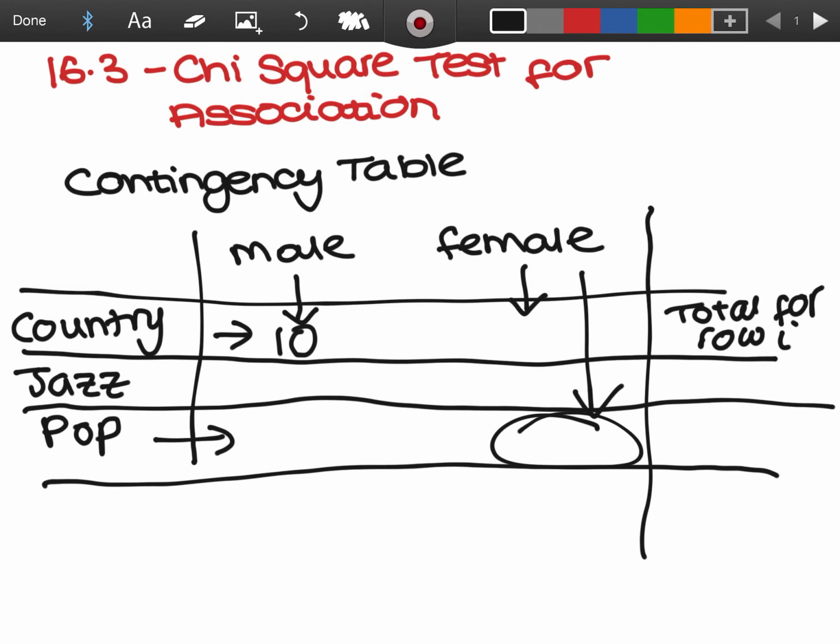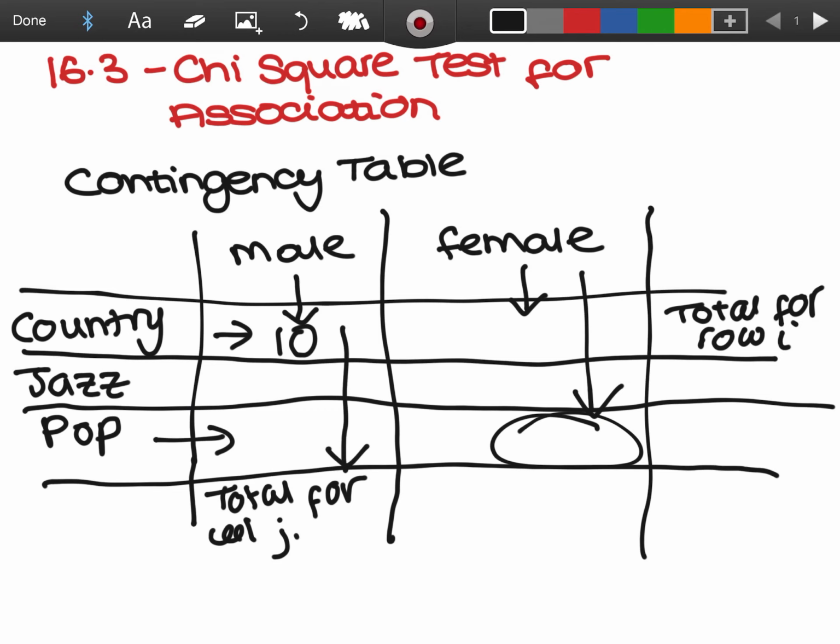You could add up the total number of people that fell into that row, both male and female, okay? Then you could do the same for the columns. You could add up all the males, so this would be the total for column j. You could add up all the people that fell into this column, so all the males that liked any type of music, and you could do the same for the females, and that would be a total that would go here.